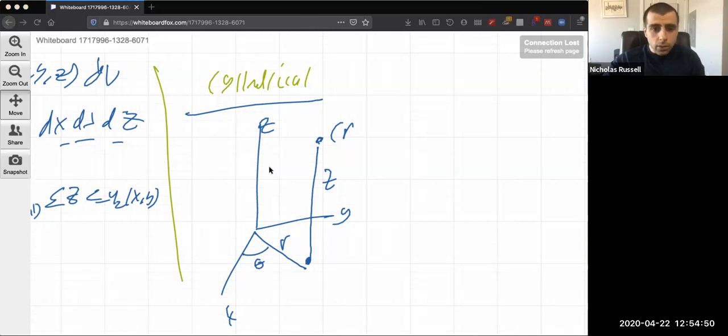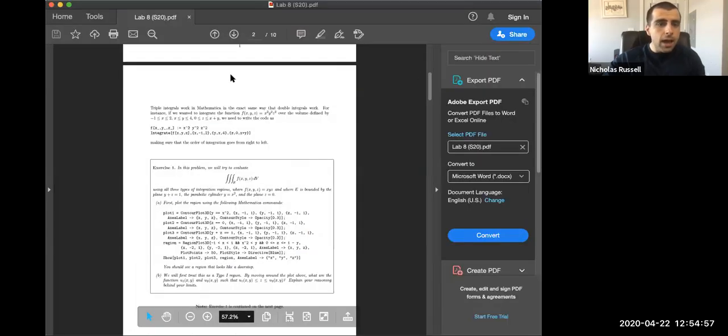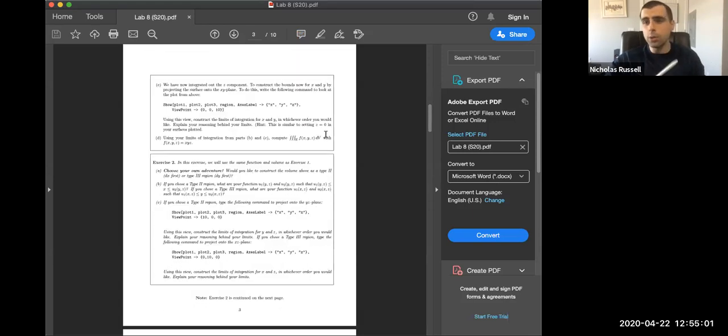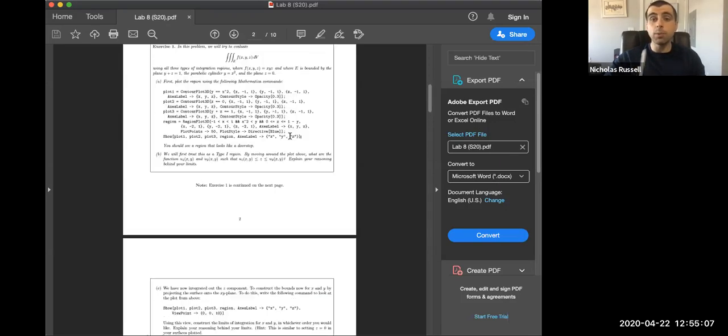So let me share this. So here's the lab that we're going to be tackling. And in the cylindrical coordinate section, these first two exercises are all about just regular x, y, and z coordinates, Cartesian coordinates, but you're going to have to come up with a couple of different bounds for it. And that's the goal of this.